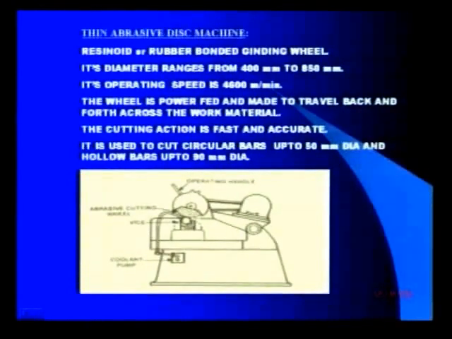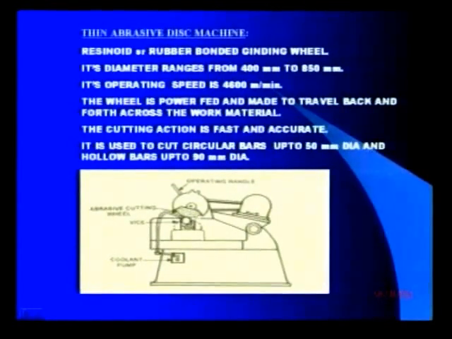The wheel diameter ranges from 400 mm to 850 mm and operates at a very high speed of about 4600 meter per minute. The wheel is power fed and made to travel back and forth across the work material. The cutting action is fast and accurate.